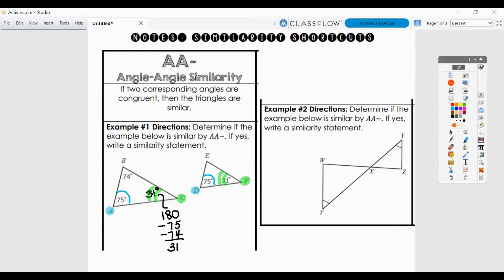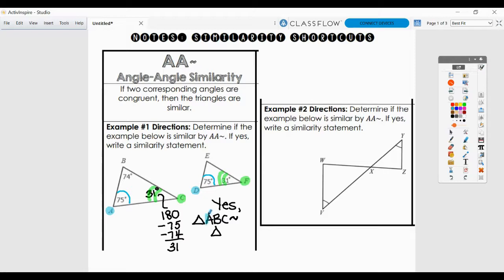So because we have two angles that are congruent, we can say yes, that these triangles are similar by angle-angle similarity. To write this statement, we write a triangle symbol, and then we want to talk about our first triangle. You can go in any order for this one, but what matters is for your second triangle in your similarity statement, you have to match those letters with the corresponding congruent angles.